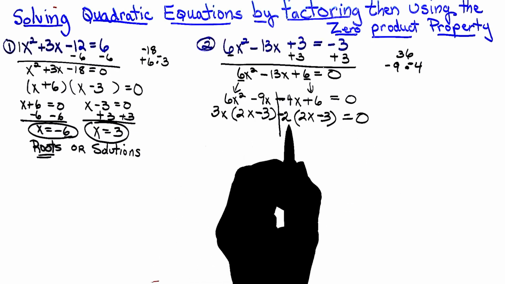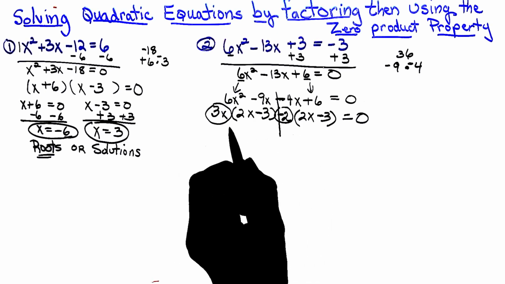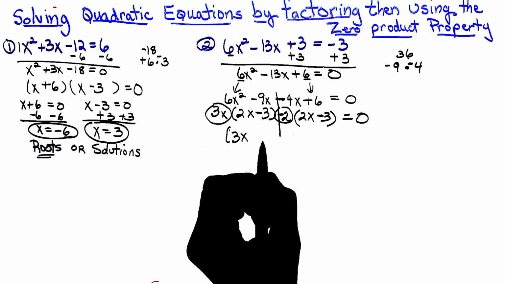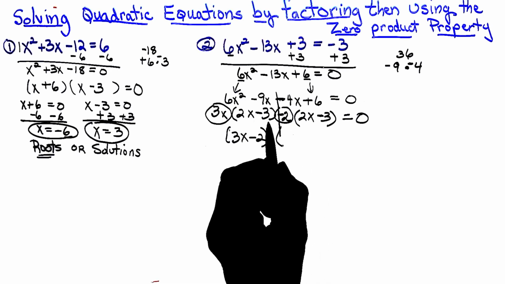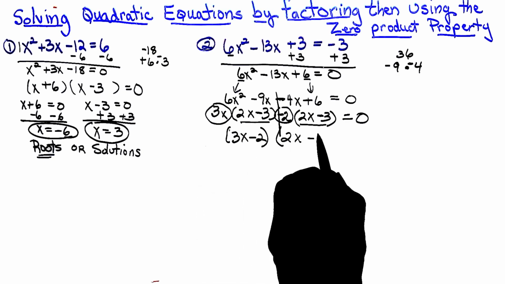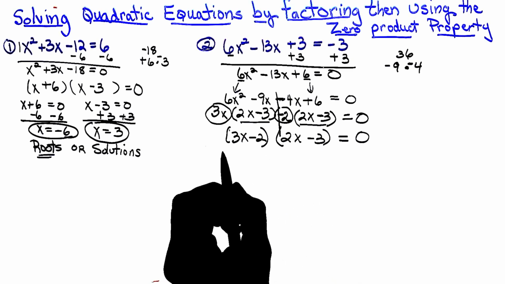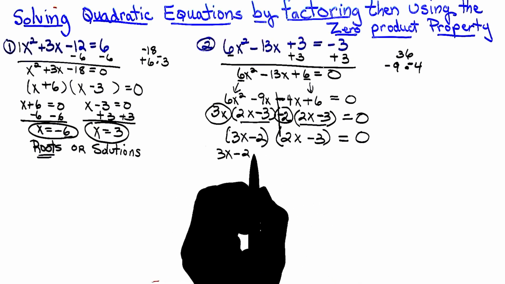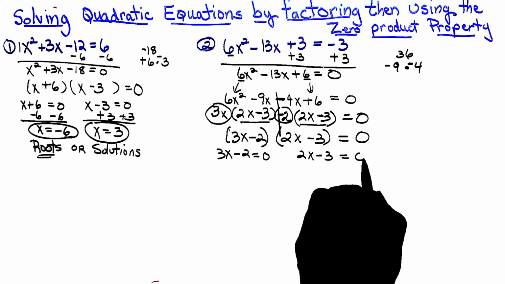So now I'm going to take these, and that will be one of my factors, 3x minus 2. And notice these are matching, and that's what we wanted, so it's 2x minus 3 equals 0. Now we finally can use the zero product property rule because we have two factors. So 3x minus 2 equals 0, and 2x minus 3 equals 0.